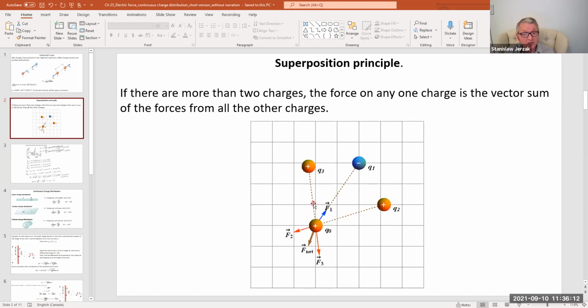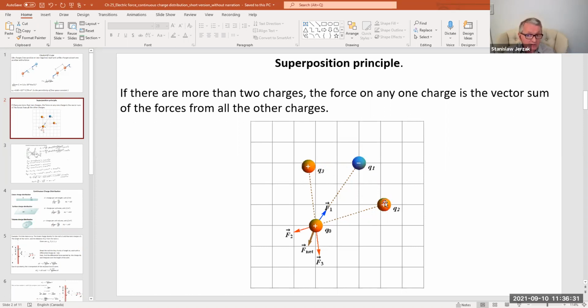Of course, it should be clear that now there is also force acting on Q1 because Q0 is attracting Q1. Q1 is repelled by Q2, attracted by Q2. Q1 is also attracted by Q3, right? So there are three forces acting on Q1.